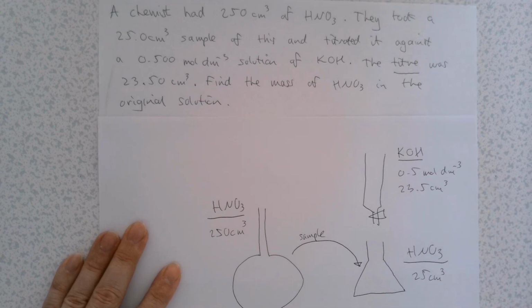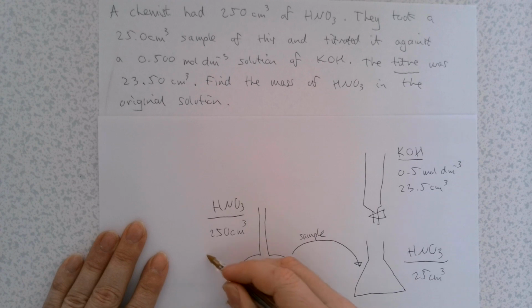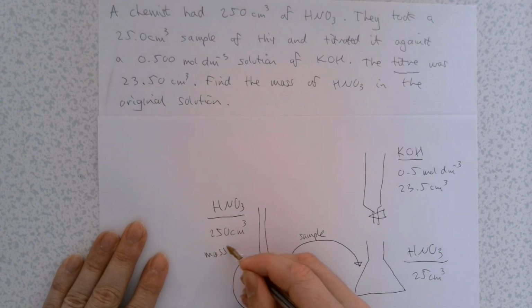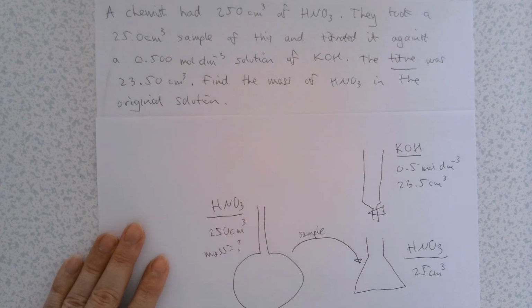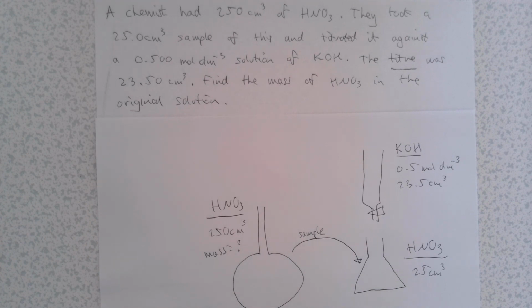And then the question asks us to find the mass of nitric acid in the original solution, which would be the 250. So I'm going to say mass equals question mark. That's how we process the question. Can you see how much clearer it is now what's going on? We've got a large volume of nitric acid, we've taken out a smaller volume, we've titrated it against some potassium hydroxide.